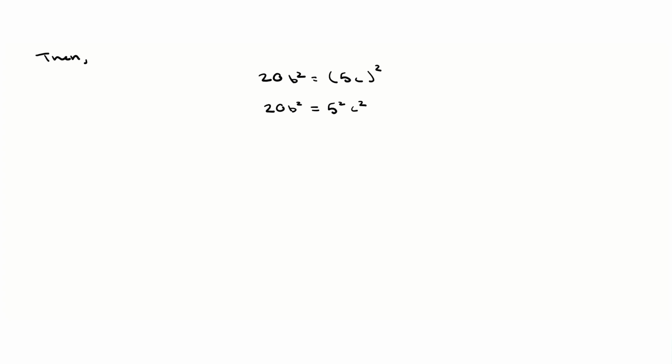Now we can rewrite this expression as 5 times 2 squared times b squared equals 5 times 5 times c squared.